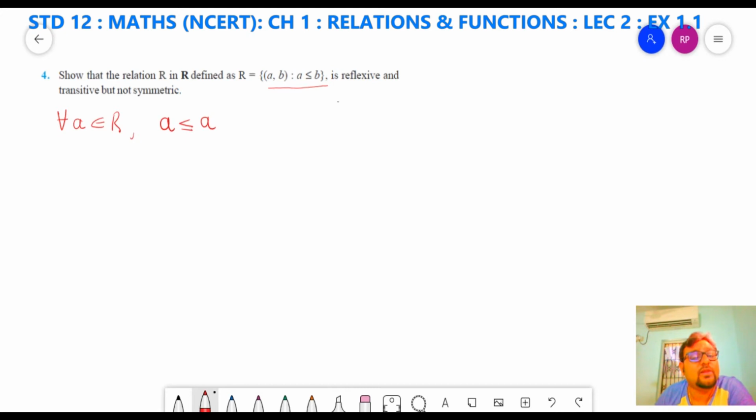Any number will be equal to that number itself, so it is satisfying this relation. So what does this imply? (a, a) belongs to R for every a belonging to R. So this implies it is reflexive.